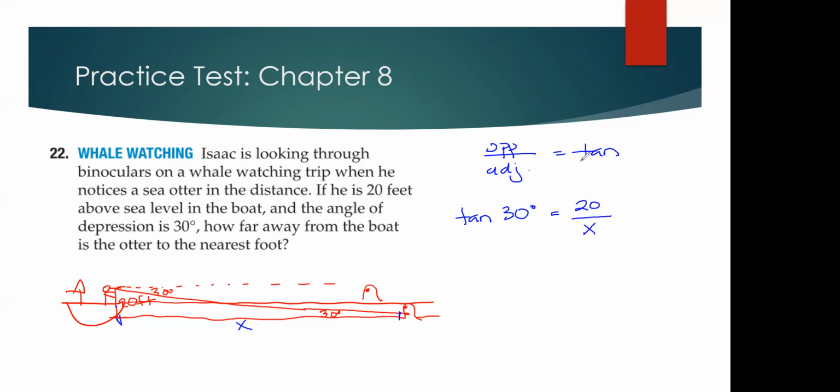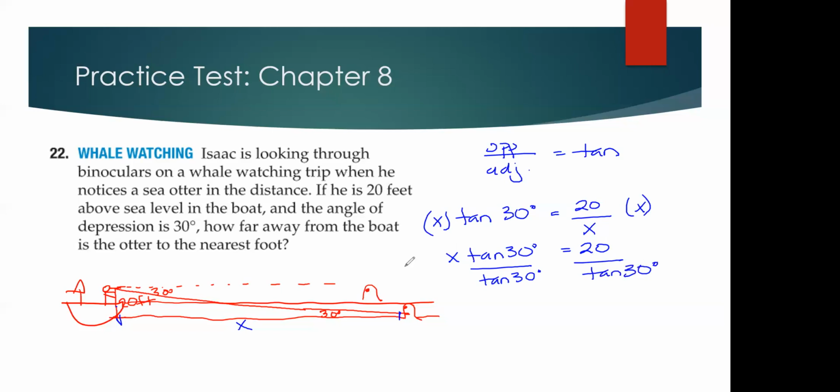So then what we would do is multiply both sides by x, and then we have x times the tangent of 30 degrees is equal to 20. We want to isolate x, so we would divide both sides by the tangent of 30.